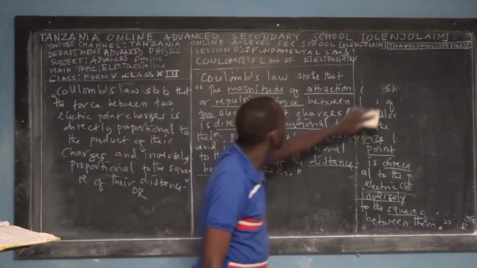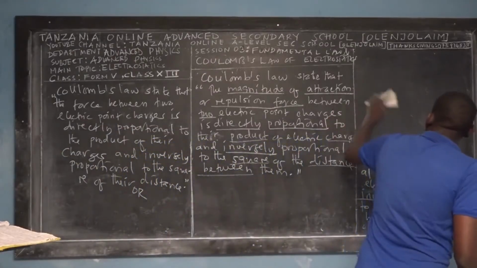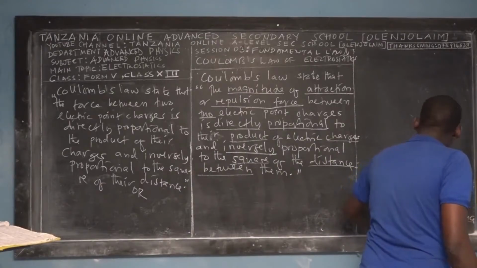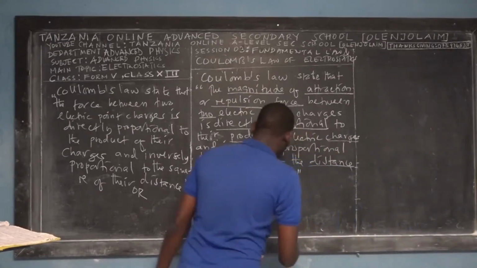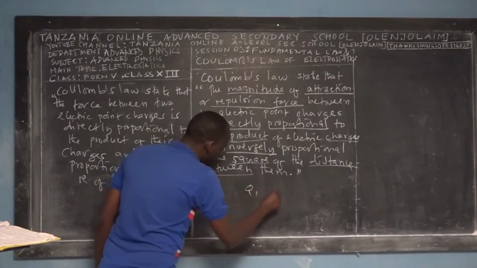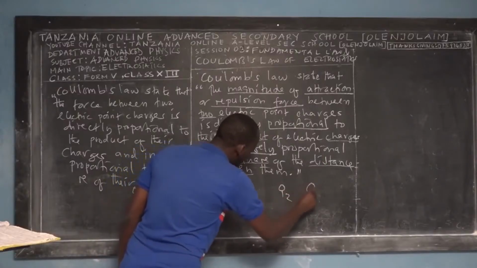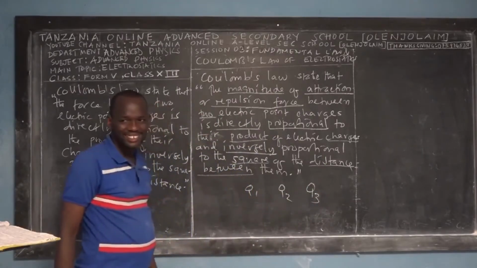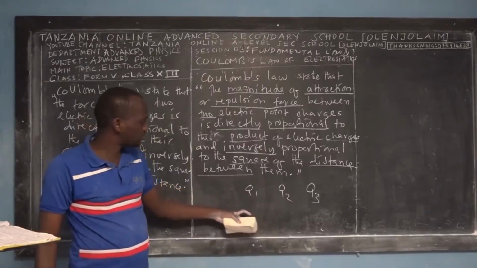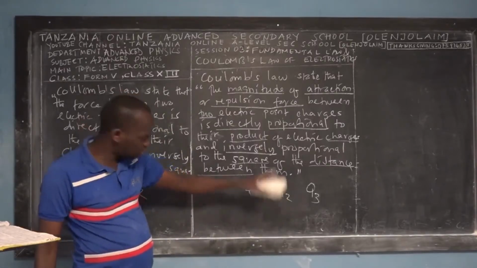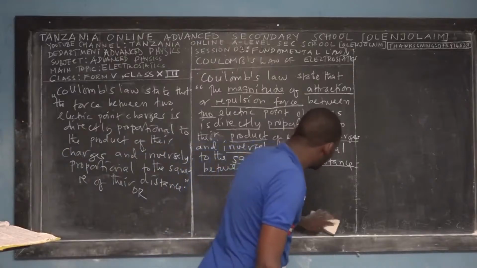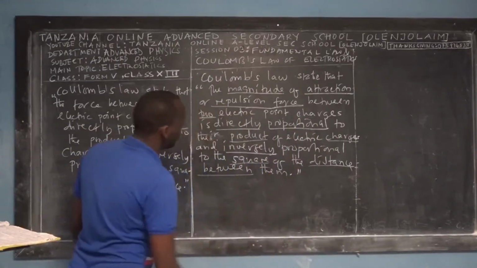However, when I teach computation, we will see what happens if you have three charges: Q1, Q2 and Q3. Does Coulomb's law hold in that circumstance? Stay connected, I will answer that question later.